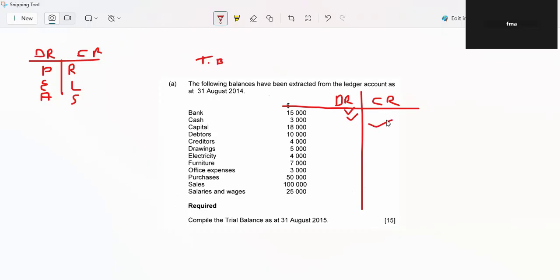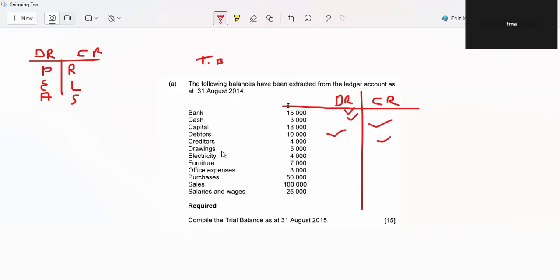What else? Then the debtors on the debit side, yes, because debtors are current assets. Then creditors will be credit, yes.